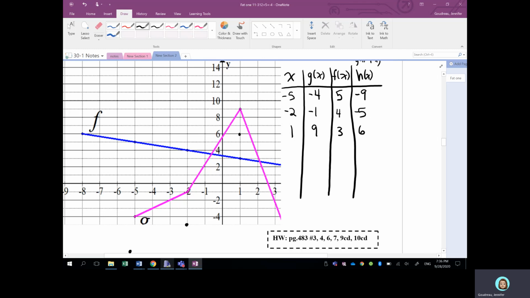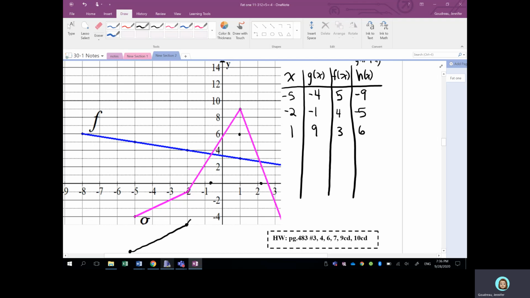Now, one thing I do know is at this point right here, where they're the same, that's going to be 0. So this is going to be an x-intercept. Same thing here, because when we subtract those two y values, that also gives 0, so that gives us a good idea of what this is going to look like. So connecting the dots, we have this section here, which comes up like that.